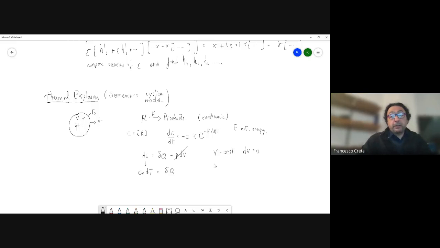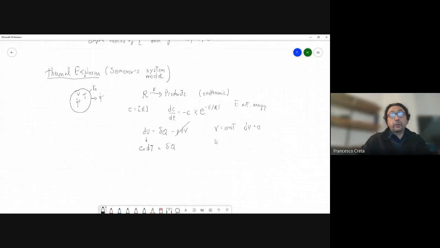So we can immediately construct an ordinary differential equation, because if we multiply by the density, rho, and divide by dt, the time differential, we have rho c_v dT by dt equal to rho dq by dt.